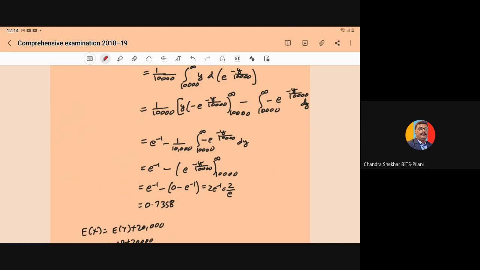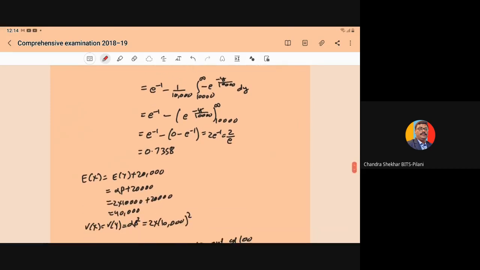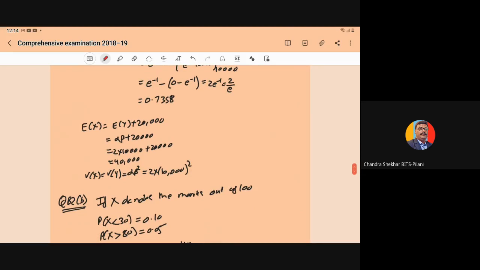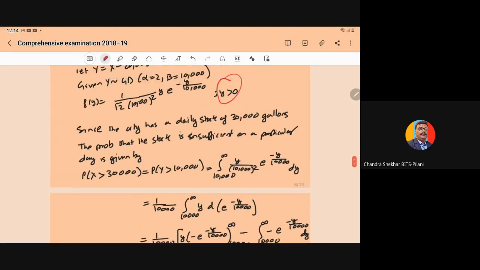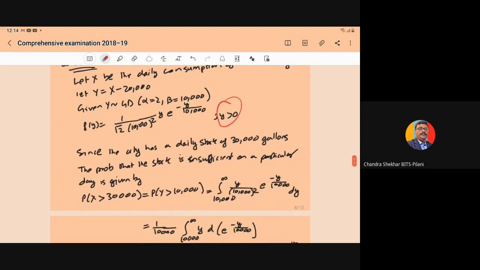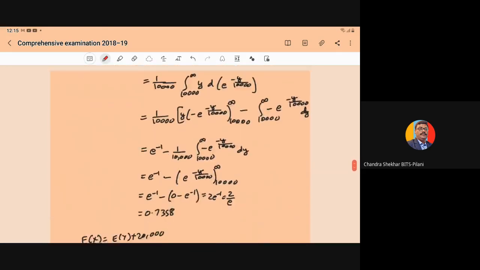Then you have to find the mean and variance of the daily demand or daily consumption. Here we compute E of x. What is the relation between x and y? x is equal to y plus 20,000.